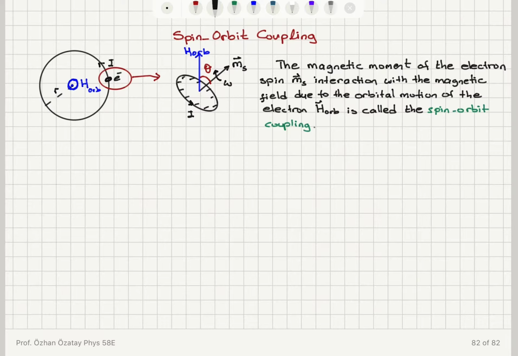So I'm going to work with the same semi-classical model, and we will gain a great insight into how spin-orbit coupling works using this model.